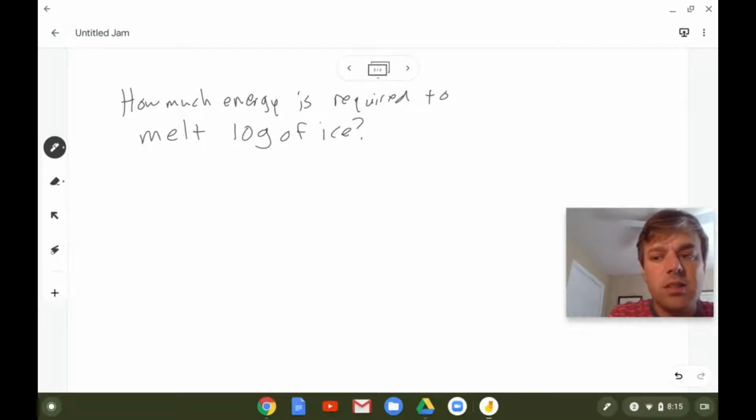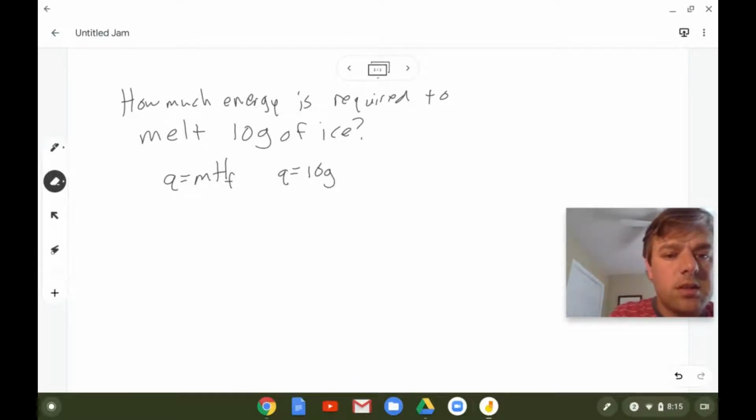Well, the equation for melting, that's heat of fusion, so our mass is 10 grams. I'll make that look more like a 10. That almost looks like a 16.